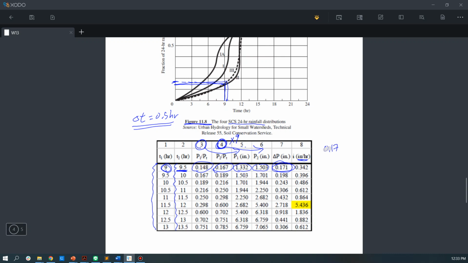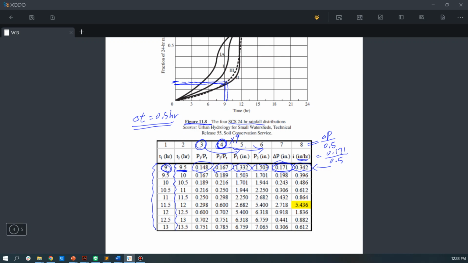So to convert it into the units of inch per hour, you just do this. Let me write the formula first. So this column 8 will have the formula delta P divided by 0.5 hour. Okay, and you just plug in the number here, 0.171 divided by 0.5, which is 0.342.